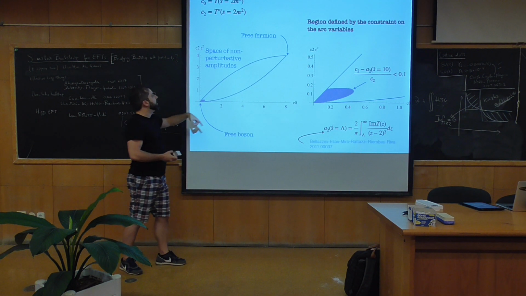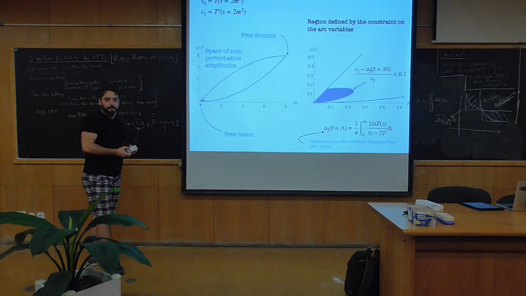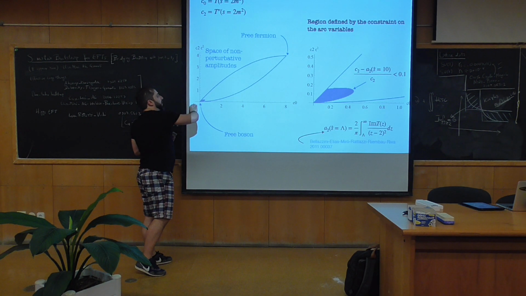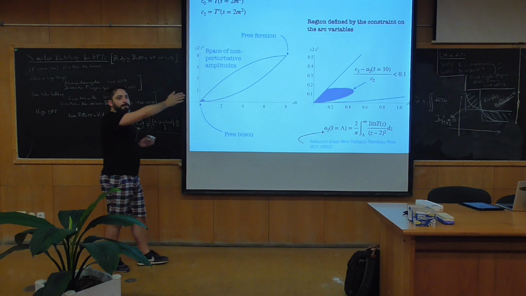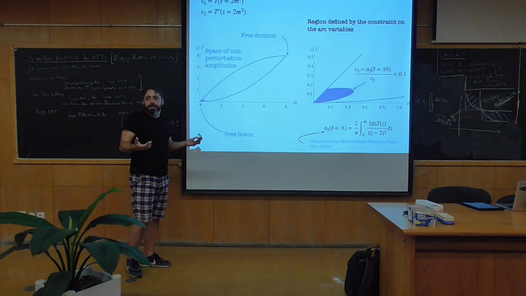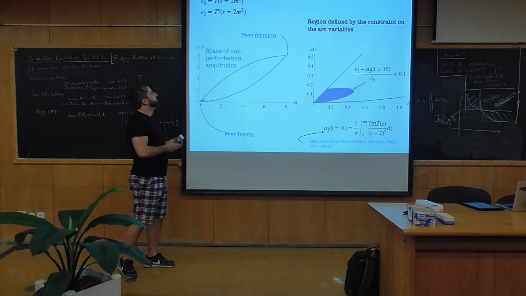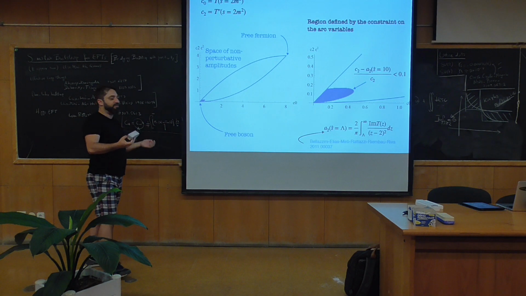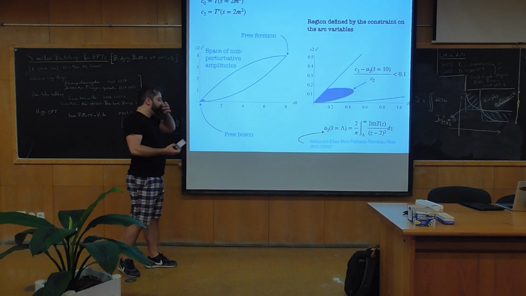One is the free boson, and one is the free fermion. Right? And if you look at the extremal S-matrices along the boundary, you will find all sorts of non-perturbative S-matrices. All right? So this is not what we want to study, for instance, if we want to study weakly coupled effective field theories. Okay?